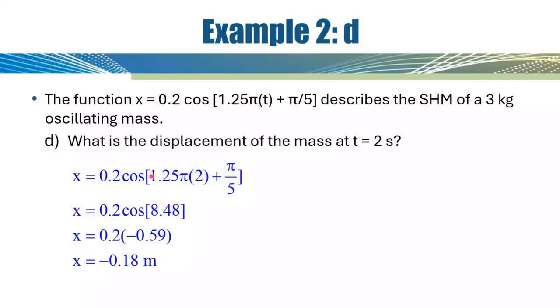So we have to do the algebra of this entire inside quantity, 1.25 pi times 2 plus pi over 5, and I got 8.48 when I did that. So now I'm taking the cosine of 8.48, but remember my calculator is in radians, times 0.2, and I get a displacement of negative 0.18 meters from equilibrium.